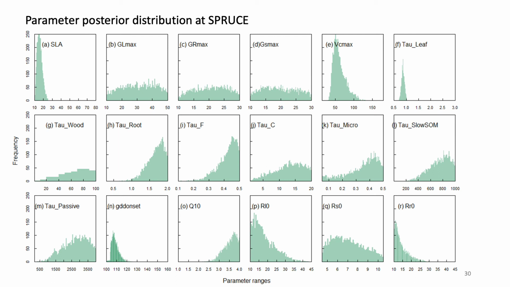This figure is showing the parameter posterior distribution using the observation data from the spruce site. We can see several parameters, including SLA, Vcmax, tau leaf, tau root, tau fine litter, and several others are well constrained by combining the observation data of carbon fluxes and the carbon pool sizes.